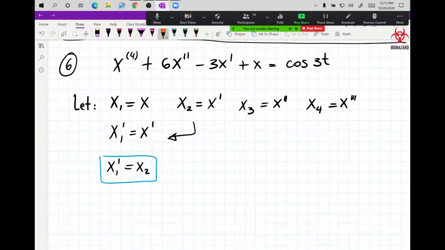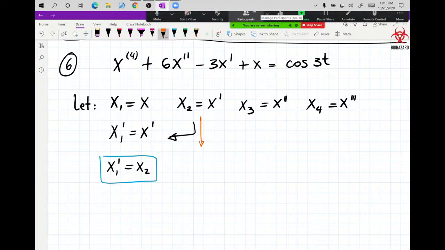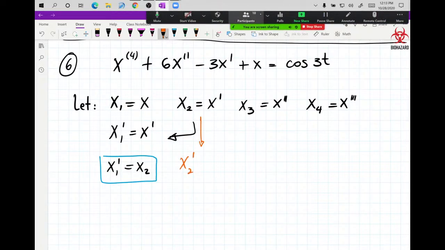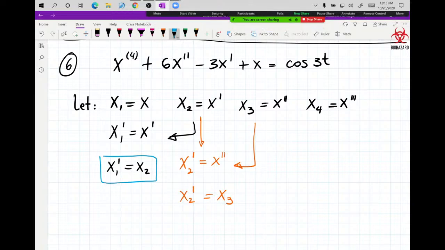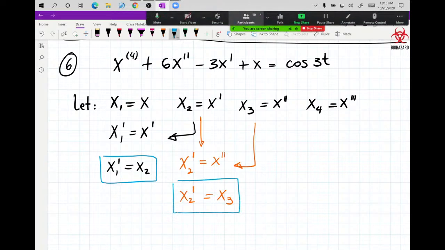Now let's go orange, differentiate x2 prime. That will give us the x double prime. And from this equation, we know what x double prime is. So x2 prime is x3. And that gives us the second equation out of 4.